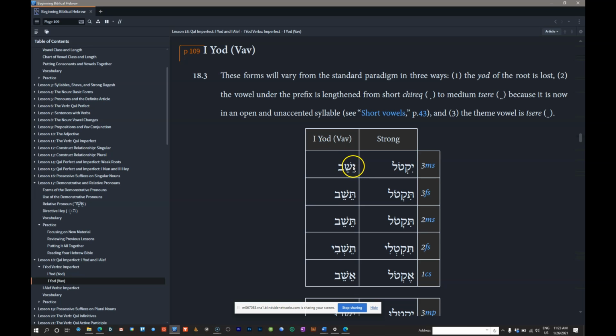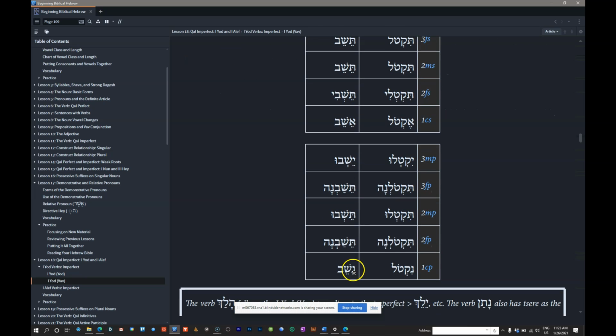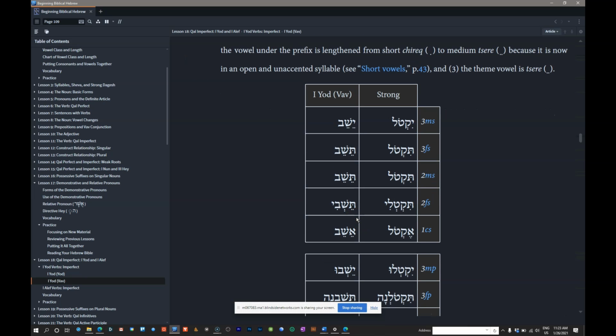The first root letter, the yod here, it knows it's not a true one yod. So when you put a prefix on there, it scrams. It gets out of there. When you add that prefix yod or that prefix tav, prefix aleph, or prefix noon, the one yod knows that it's an imposter, and so it bounces. It's gone.